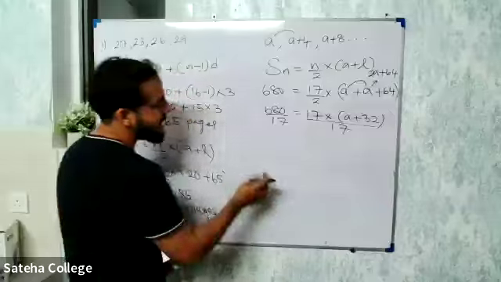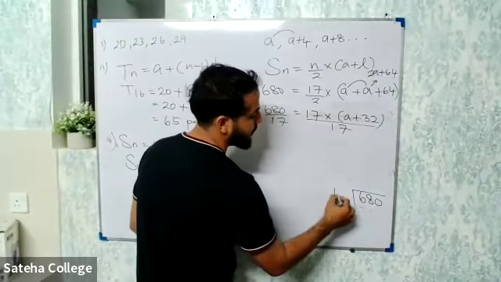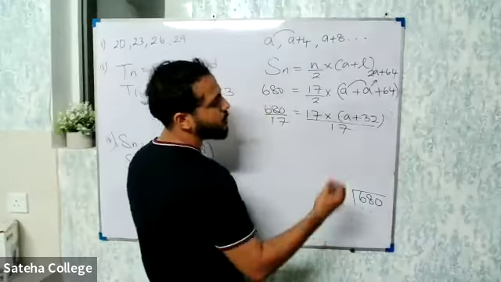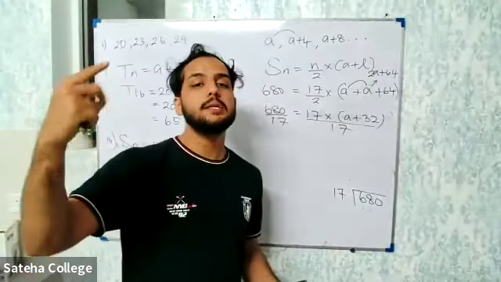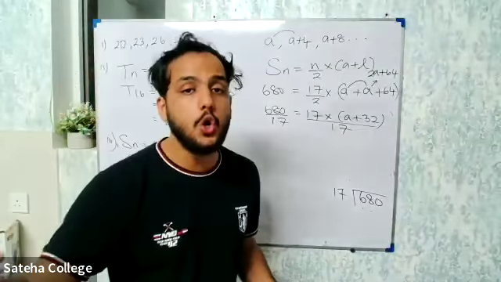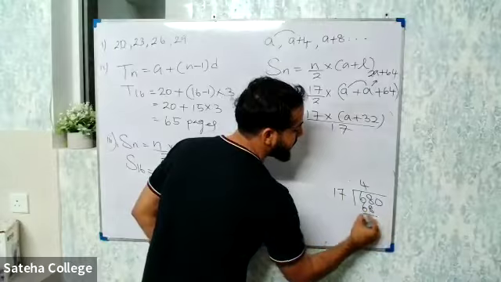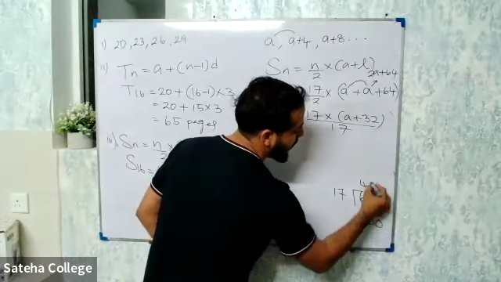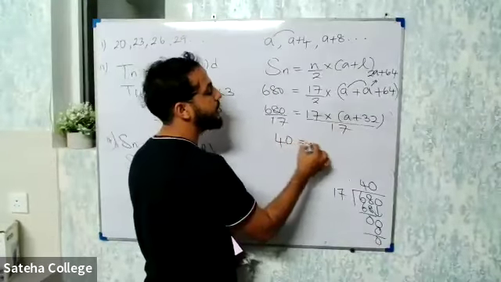So 680 divided by 17. 17 into 1 is 17, 17 into 2, 34, 17 into 3, 51, 17 into 4, 68. Bring the 0 down. So 680 divided by 17 is 40.